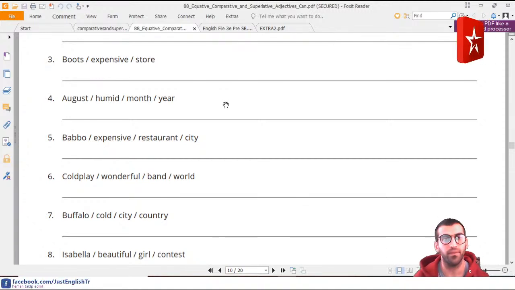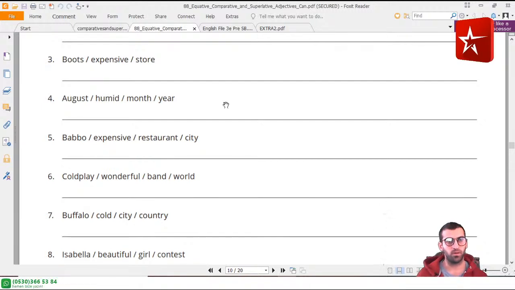Humid, month and year. August, humid month and year. All right, how can we make this sentence? Boots are the most expensive in the store. Okay, Halil Ozan says boots are the most expensive in the store. Mr. Halil Ozan, in the store. And what about number 4?